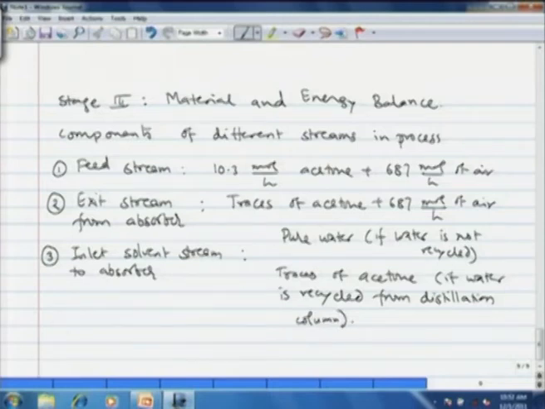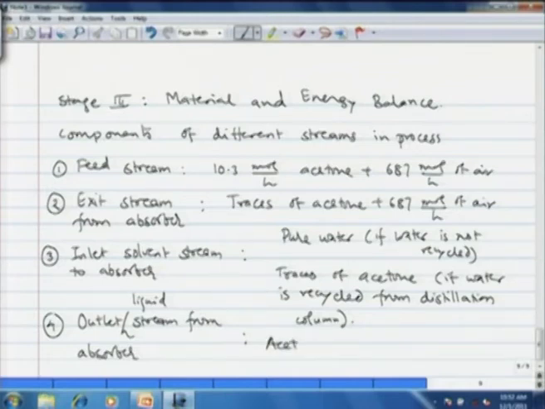Now, the outlet liquid stream that we get from absorber will contain most of the acetone, 10.3 mole per hour. Okay. So, acetone plus water.